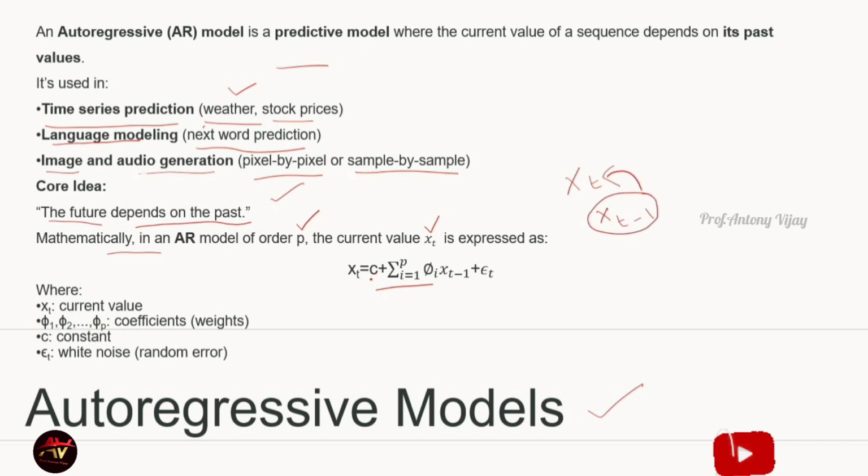The formula is xt equals c, a constant, plus the summation from i equals 1 to p of phi i, a coefficient, times xt minus i, plus epsilon t, the random noise we add to the current situation. This is what is called autoregressive. So xt minus 1 is always taken into account to find xt. This is what is meant by the past being used to find the present.